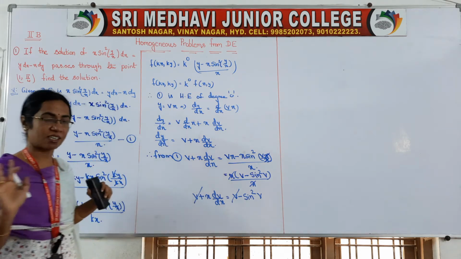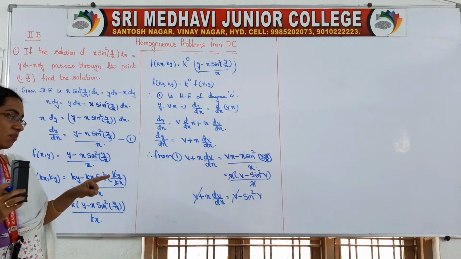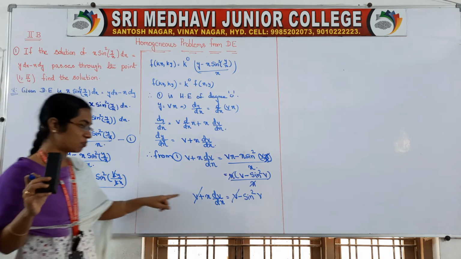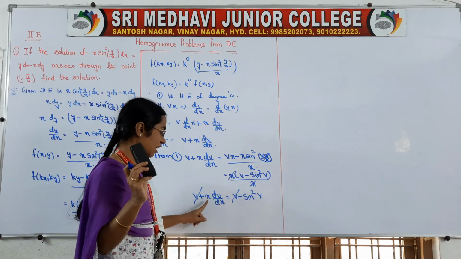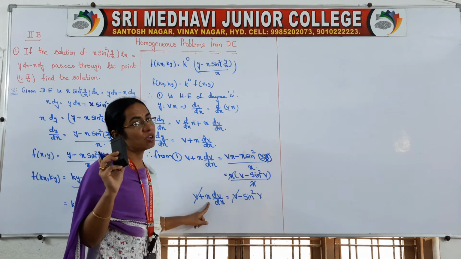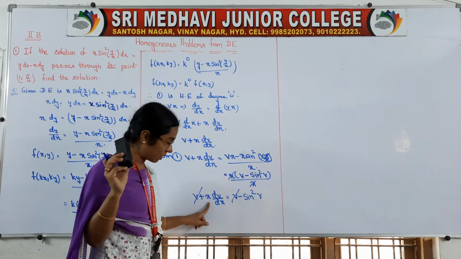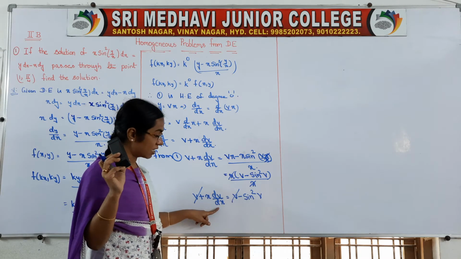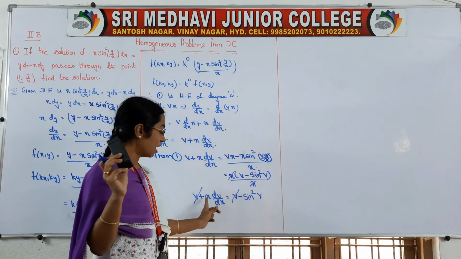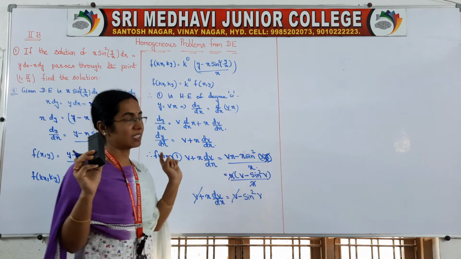V cancels. After v cancels, if you observe, dv is there, dx is there, on this side v term is there, x term is there. So we can go for the variable separable method. V terms into dv and dx downward, send that side, and send x also that side.